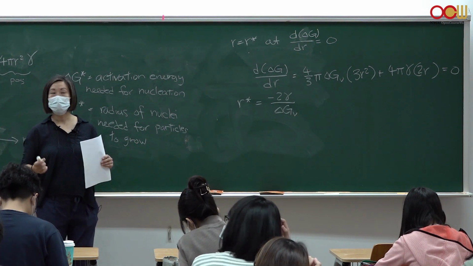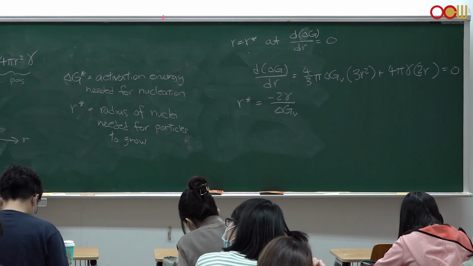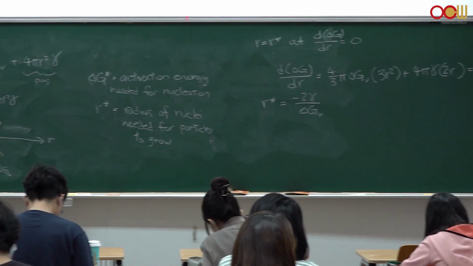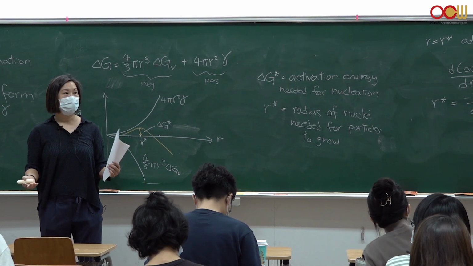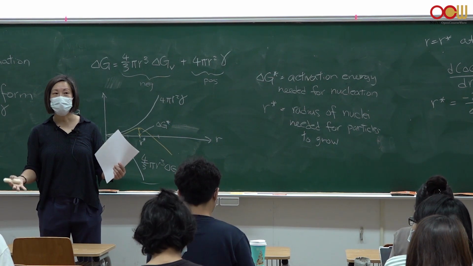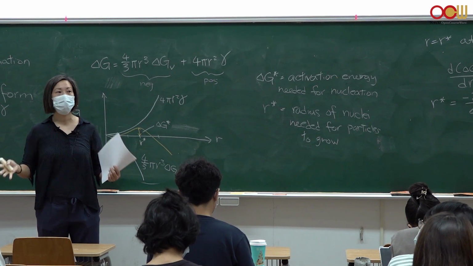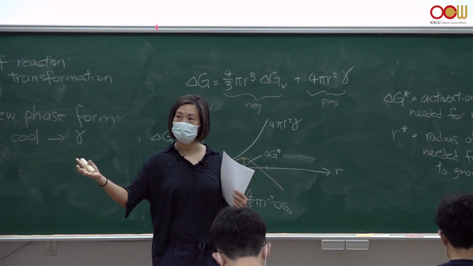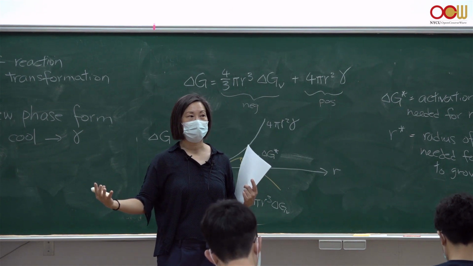Okay, so the size of my critical nucleus depends on my surface energy and my volume free energy, which makes sense, right? The higher the reduction in free energy as I form my nucleus, the smaller the critical size needs to be, because there's a large driving force. The higher my surface energy, the bigger my nuclei need to be in order for it to continue to grow.